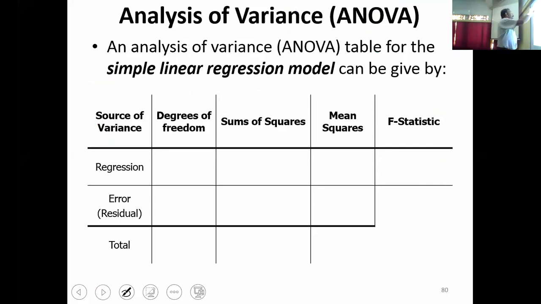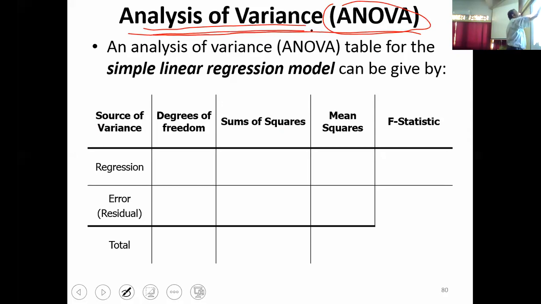So this is the first time you are learning ANOVA, analysis of variance. You will be learning more about this ANOVA later. ANOVA is a short term. It is called analysis of variance.